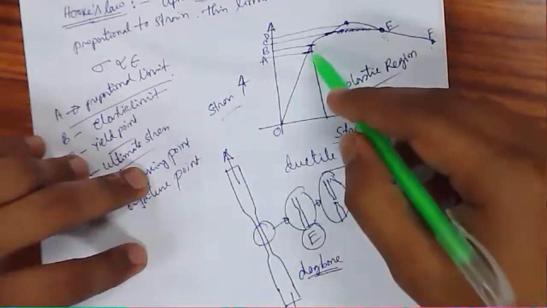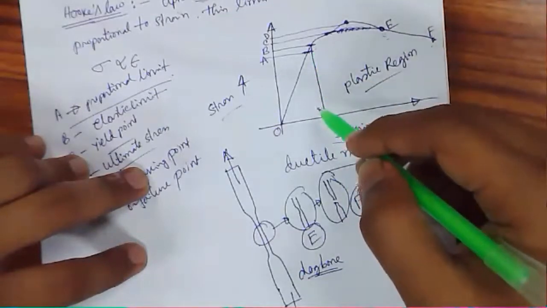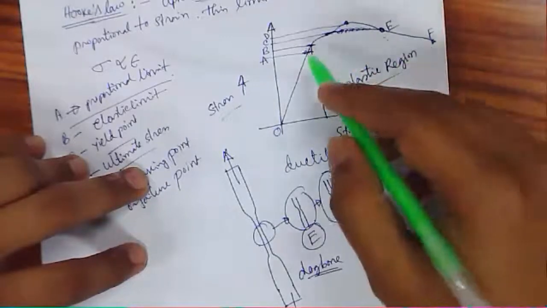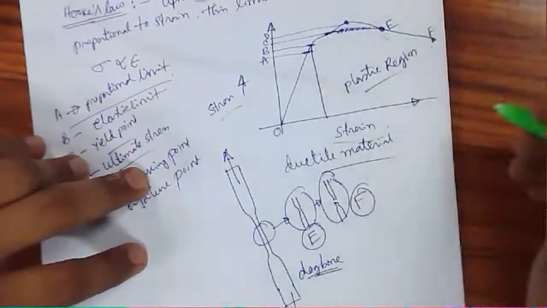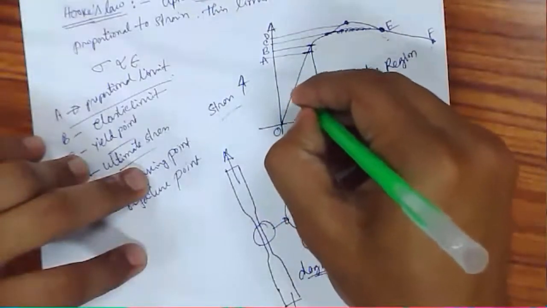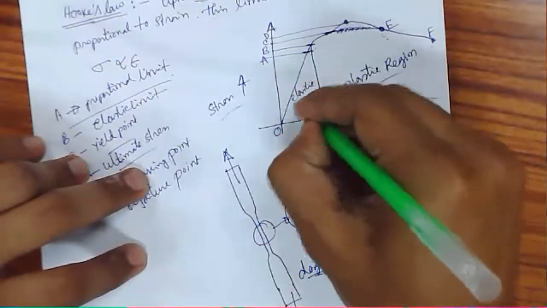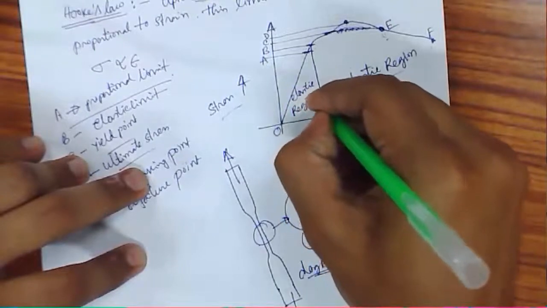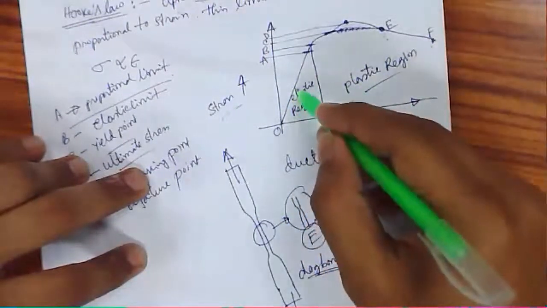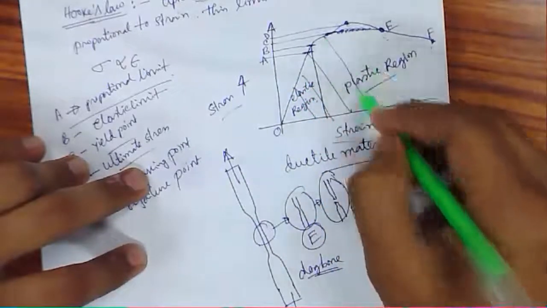So before the elastic limit, most materials are elastic, and after crossing the elastic limit, it is called plastic. So this is the plastic region, and this region is called the elastic region.